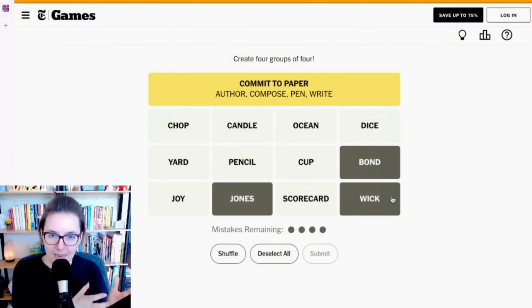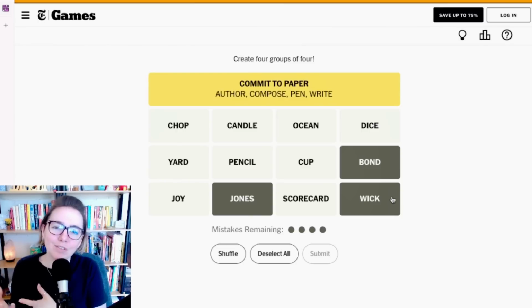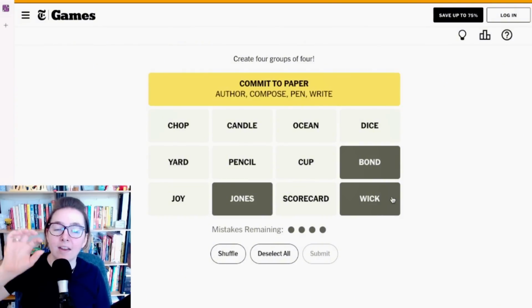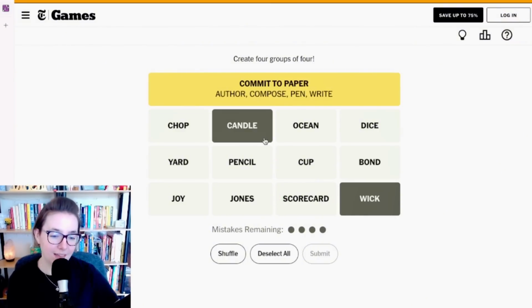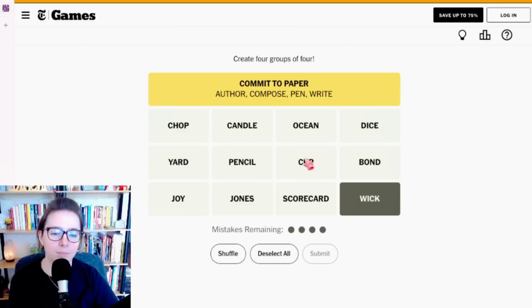Wick can be a name, and it's the last name of an action movie character, but it's also the thread inside of a candle, the part that burns inside of a candle. It's called a candle wick. So I could also think that wick and candle go together, but there's nothing else that goes with that.